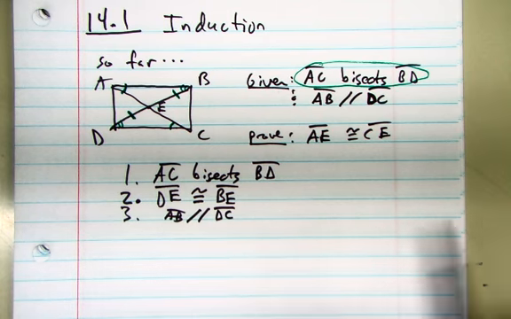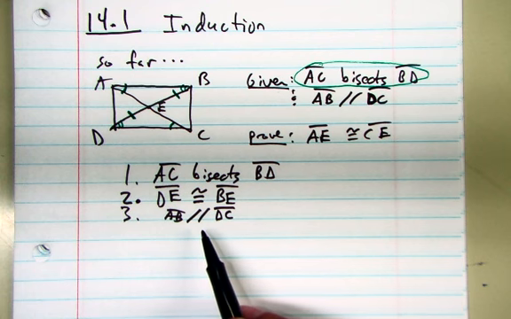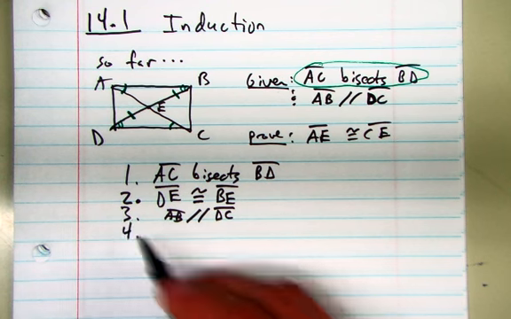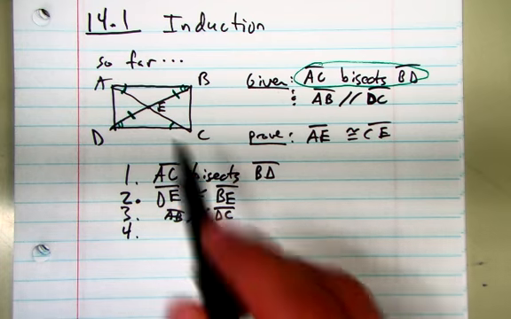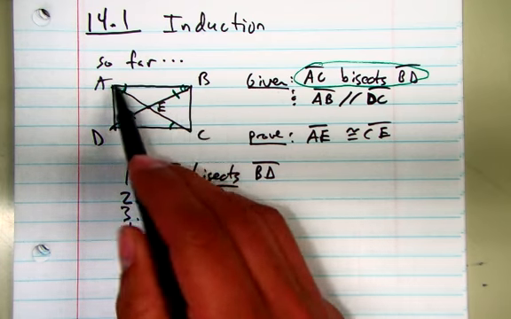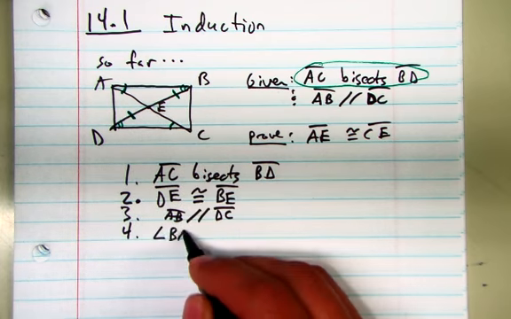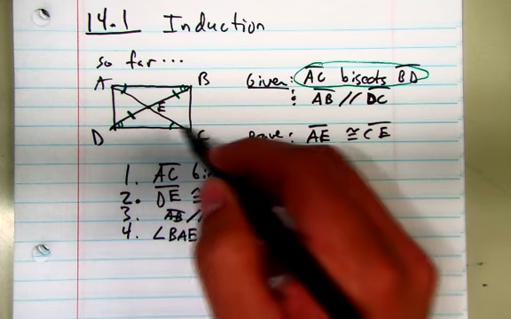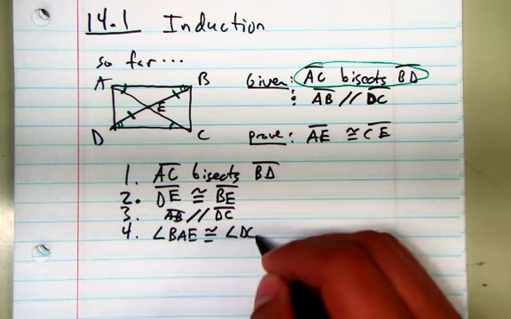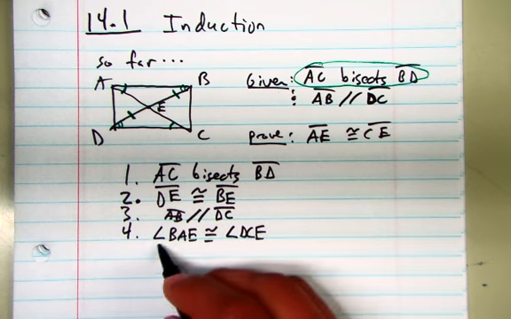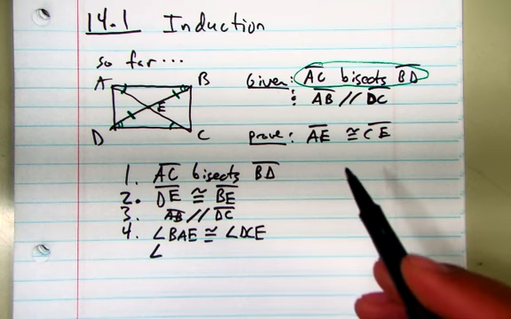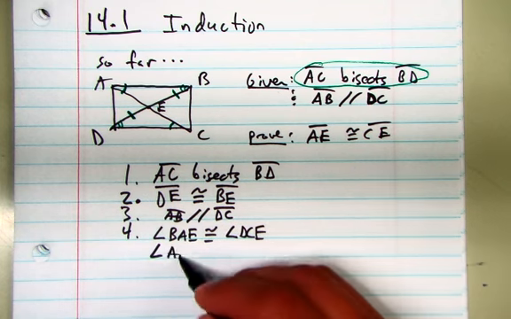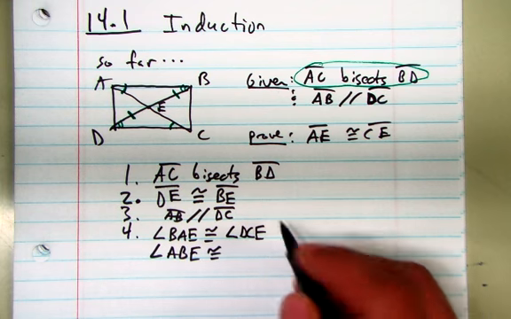And then what did that allow me to do? A couple of them, right? It allowed me to say that angle BAE is congruent to DCE, and also that angle ABE is congruent to CDE.